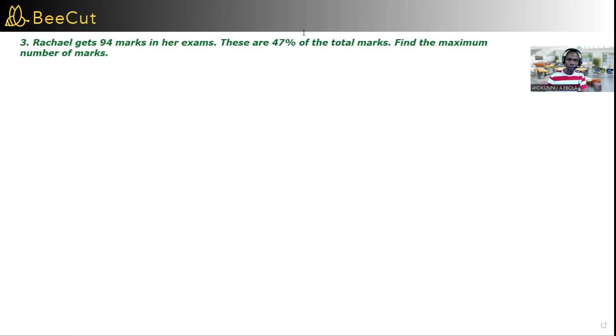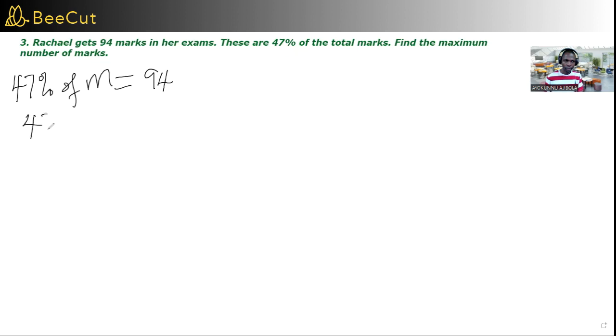So in that regard, I've been given that 47% of the total mark is 94 marks. So 47% of the unknown total marks M equals 94. Let's find it.